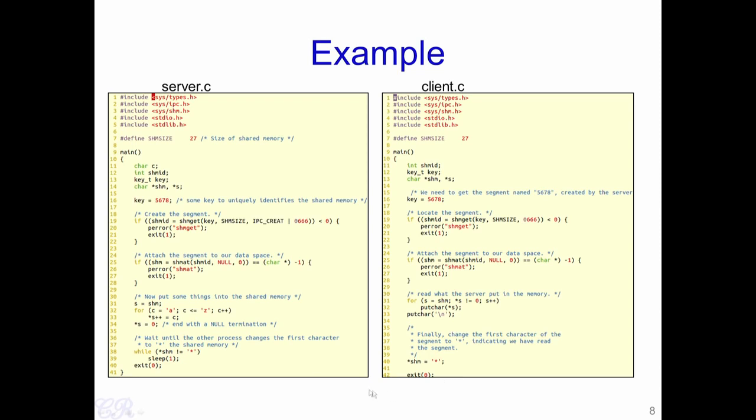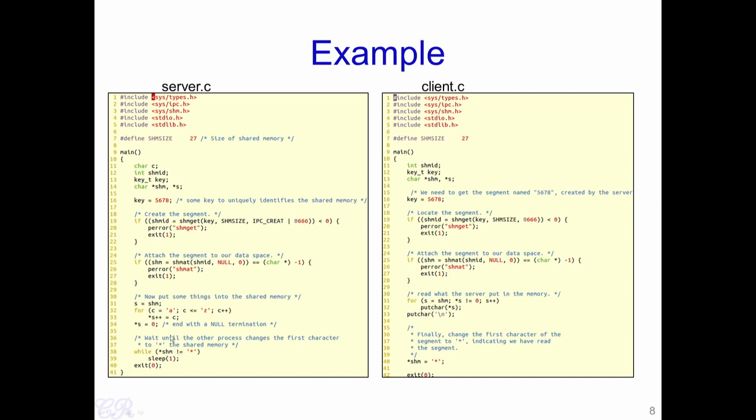So you see that we have these two processes, one a server, one a client, and these two processes have their own virtual address space, but by the use of the shared memory, which is created by the shared memory get and shared memory attach, we are able to create a shared memory region which is common between the server and the client.